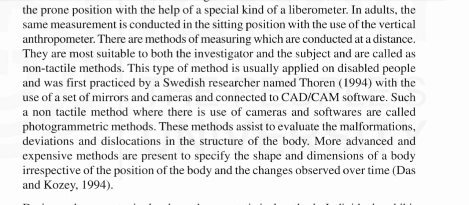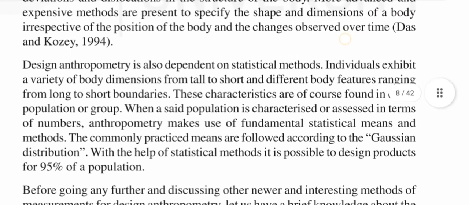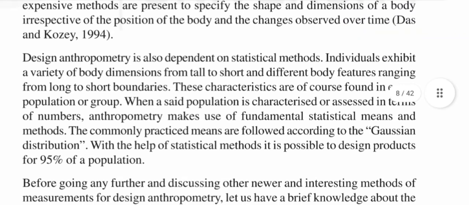Das and Cozy, 1994. Design anthropometry is also dependent on statistical methods. Individuals exhibit a variety of body dimensions from tall to short and different body features ranging from long to short boundaries. These characteristics are of course found in every population or group.